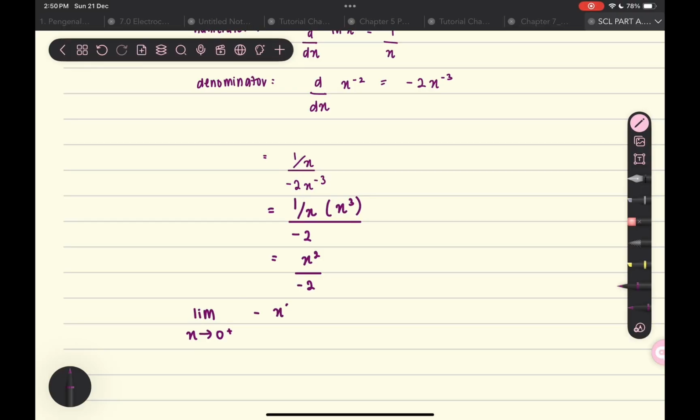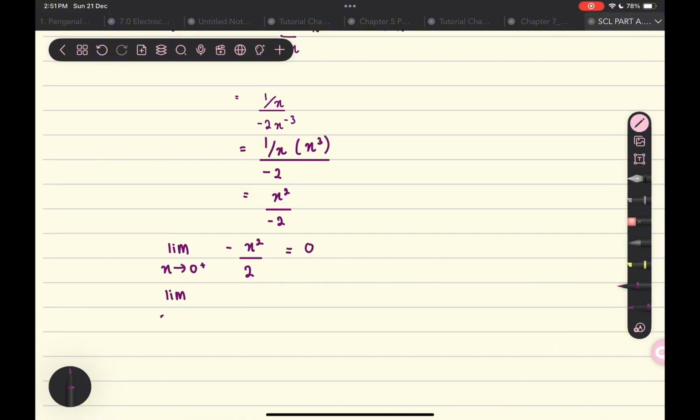After simplifying, I substitute x approaches 0 and obtain the final answer, which is 0.